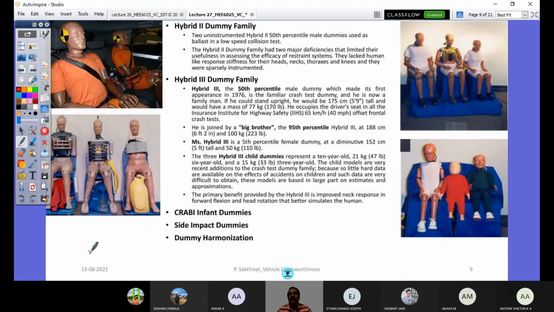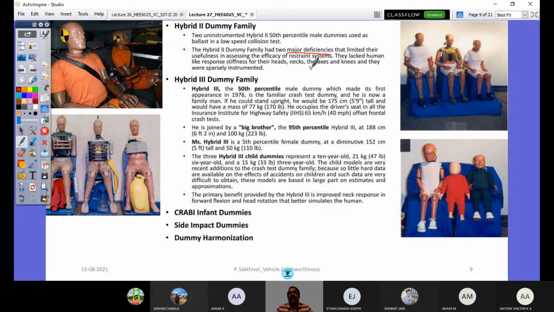So look at the big picture of the family to know. The Hybrid 2 dummy family is here on the top left corner. You can see the two unconstrained Hybrid 2 50th percentile male dummies, used as ballast in low speed collision tests. These are those two guys. The Hybrid 2 dummy family had two major deficiencies that limited their usefulness in assessing the efficacy of restraint systems.